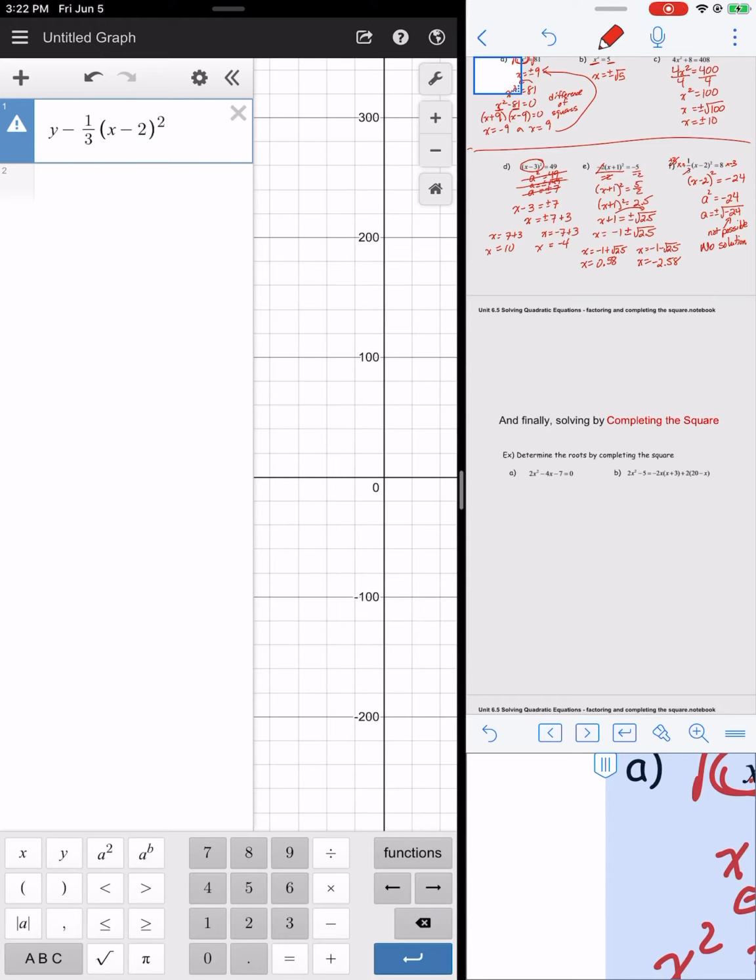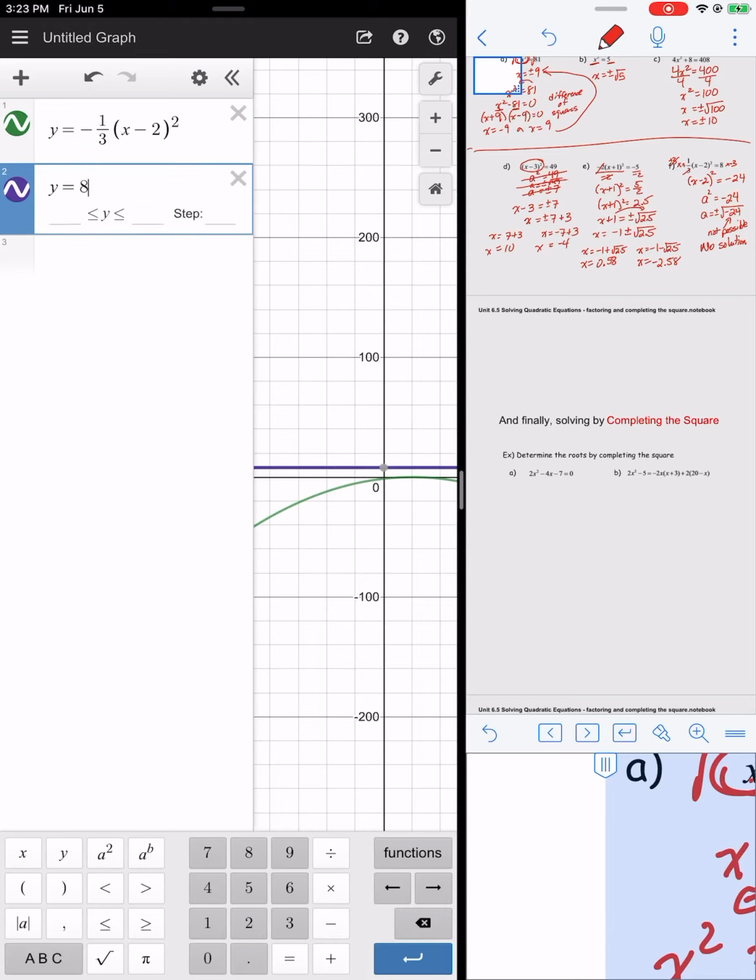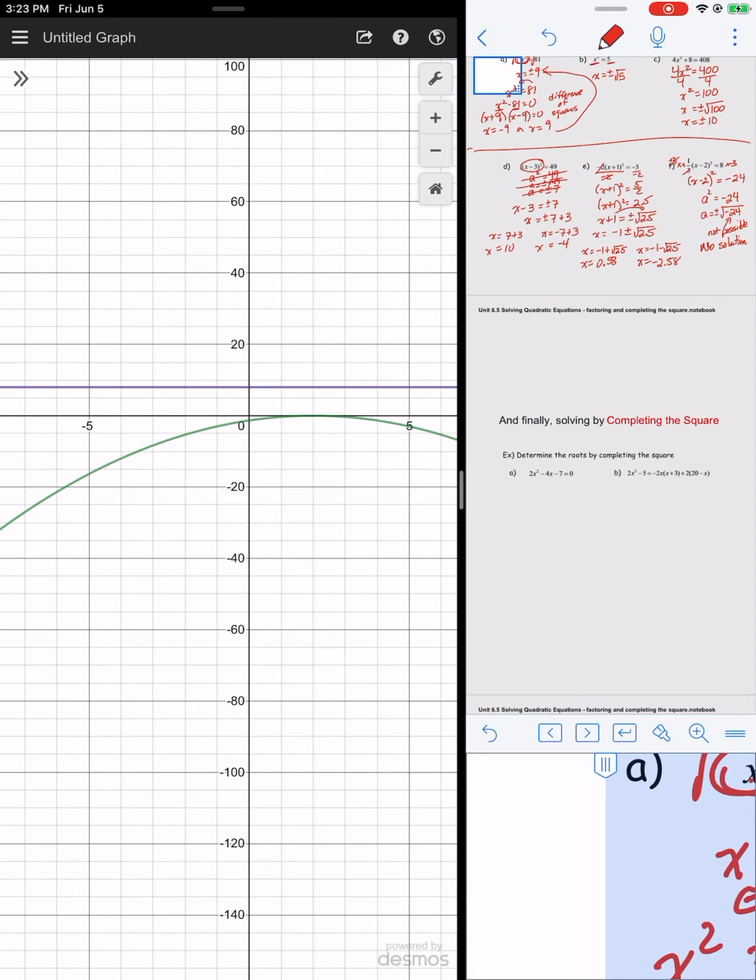Let me put an equal sign and a negative, there we go. Y equals -1/3 (x minus 2) squared. And the right-hand side is y equals 8. And remember, the solution to this is where these two relations intersect. We'll take a look.